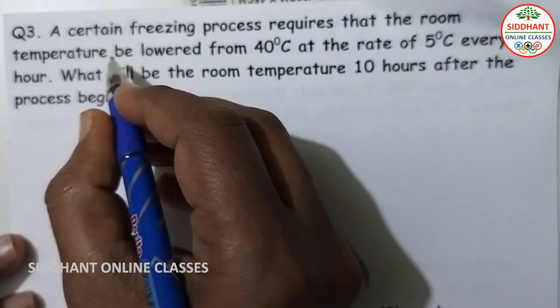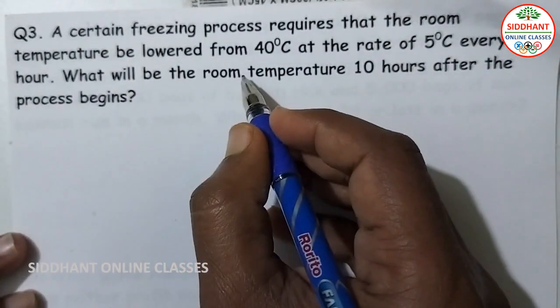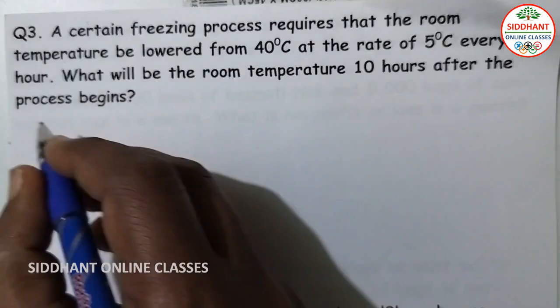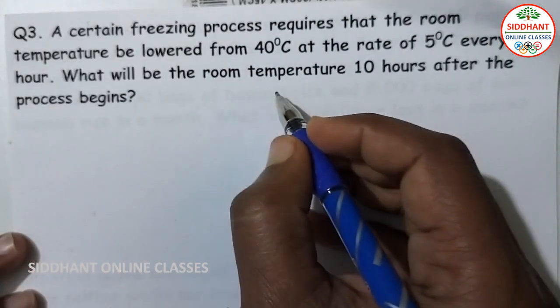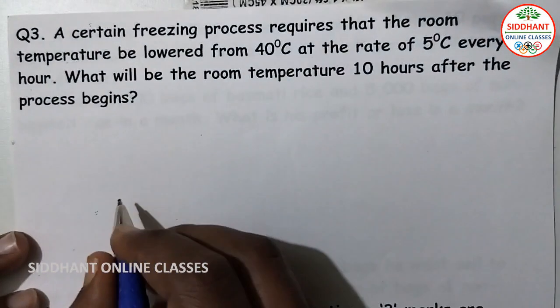Question number 3. A certain freezing process requires that the room temperature be lowered from 40 degrees Celsius at the rate of 5 degrees Celsius every hour. What will be the room temperature 10 hours after the process begins?